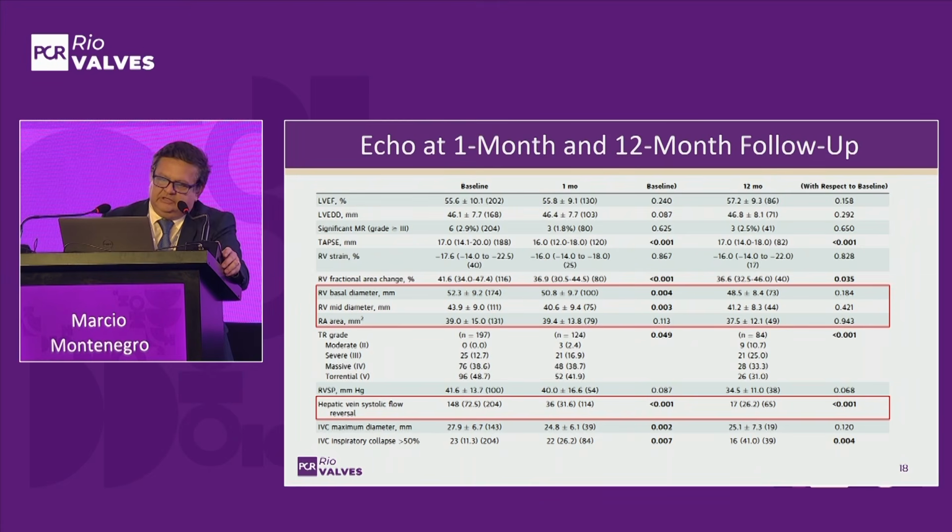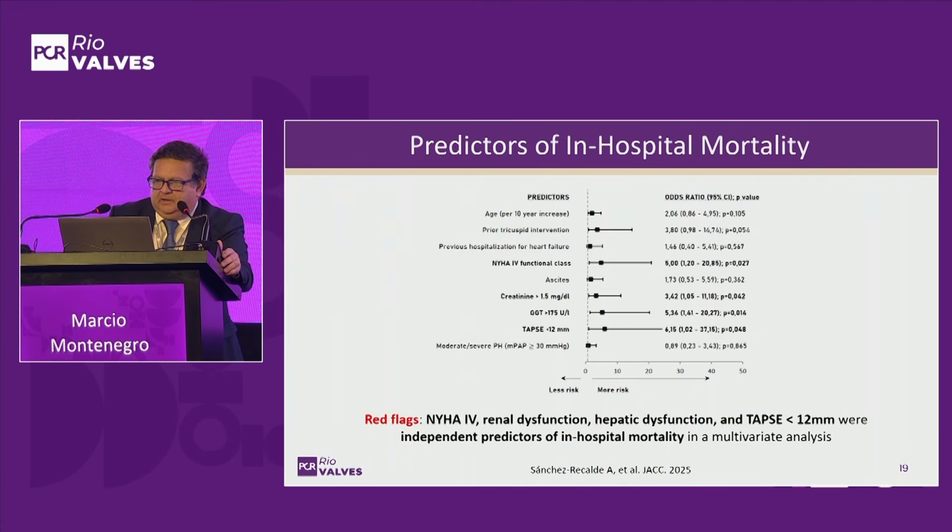But if you see the number of patients lost during the follow-up, it started with 174, and at 12 months it's only 73. So probably this is the reason why we don't have statistical impact in this data. And hepatic vein systolic flow reversal has also diminished after the procedure.